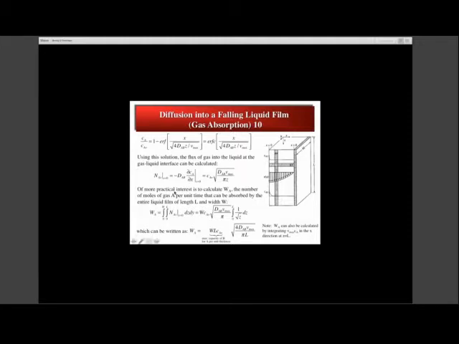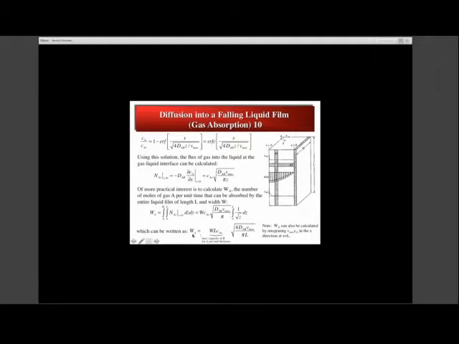We can calculate the amount of gas absorbed per unit time in this entire liquid film by taking the flux at the boundary and integrating it over the entire length and width of the liquid film, and that result is shown here.